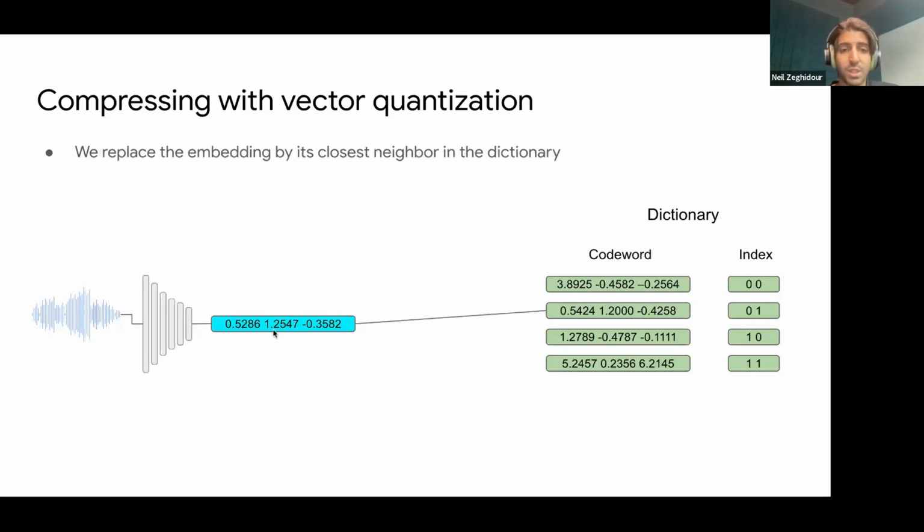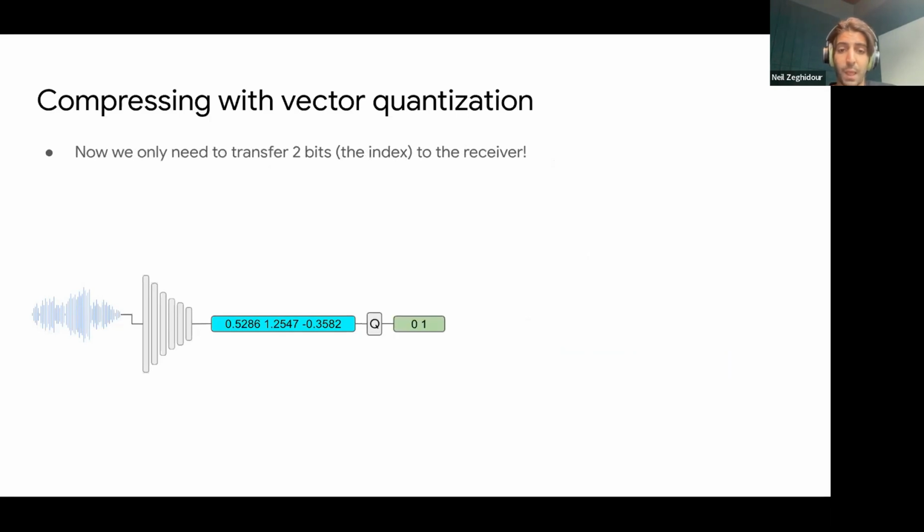And what we're going to do is compute the distance between the embedding we want to transmit and all the code words in the dictionary. And we are going to replace the embedding by its nearest neighbor in the dictionary. So in a way, you have a dictionary of template vectors, and when you want to transmit a vector, you rather transmit its nearest neighbor among the ones in the dictionary.